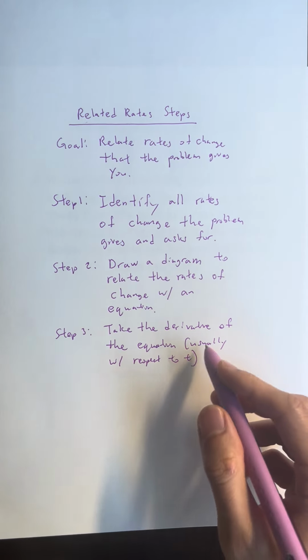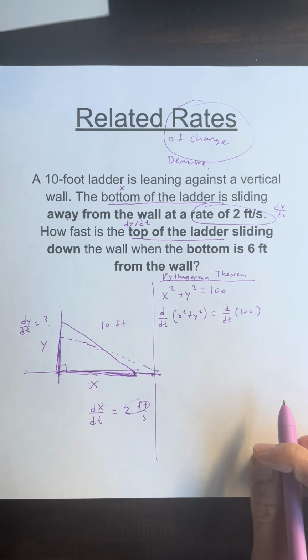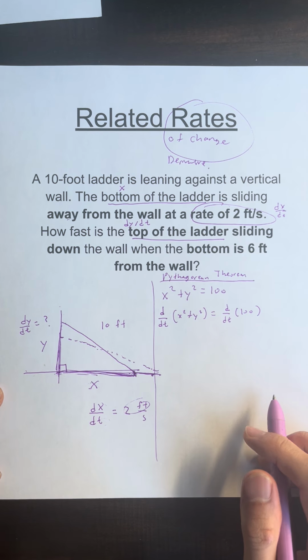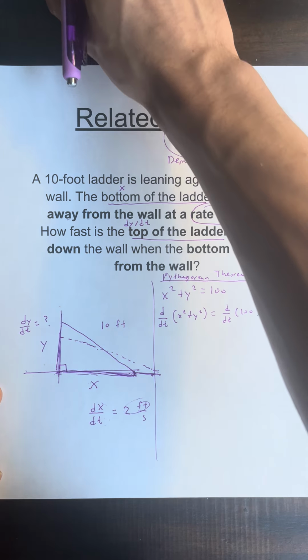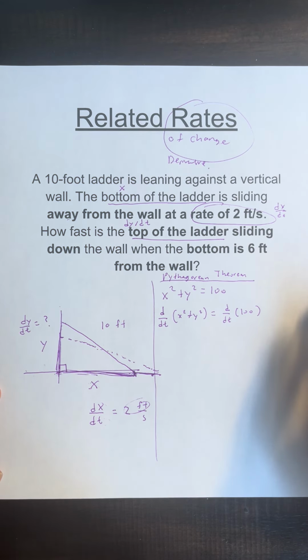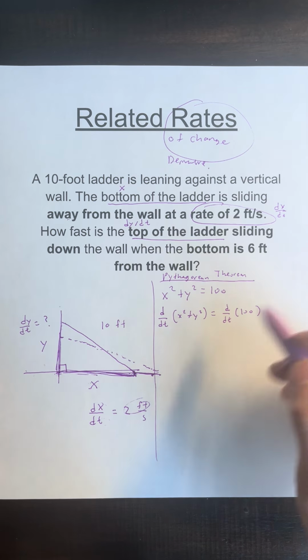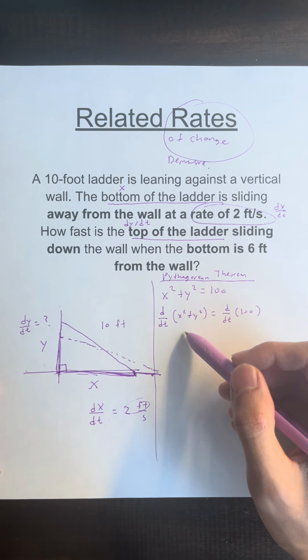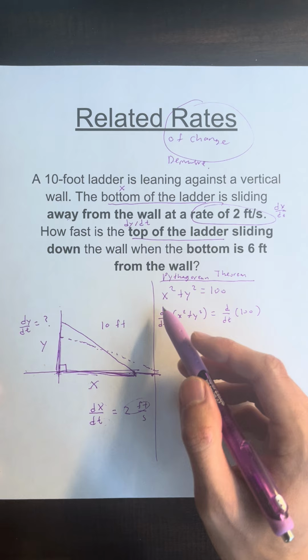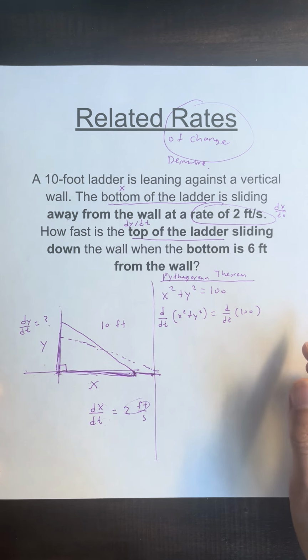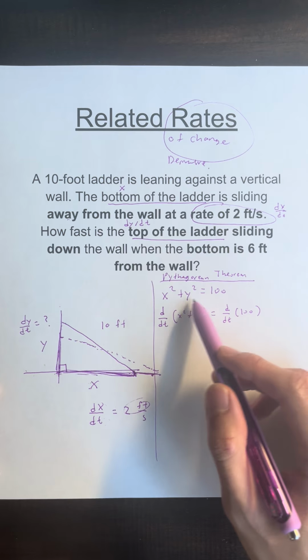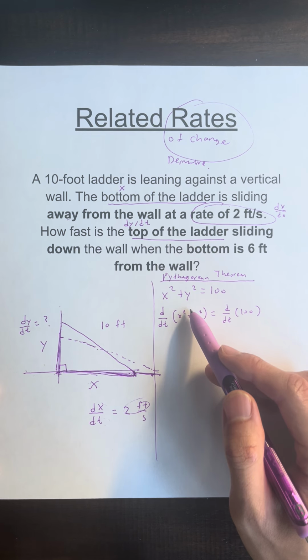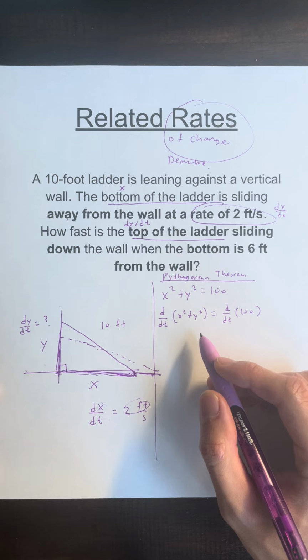In other words, taking d dt of both sides of the equation. Okay. So, if you need a refresher on how to do this or how to simplify this, I've got a few videos on implicit differentiation. So I'd recommend you check those out if you need a refresher.